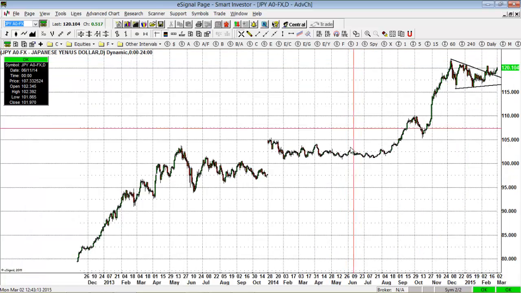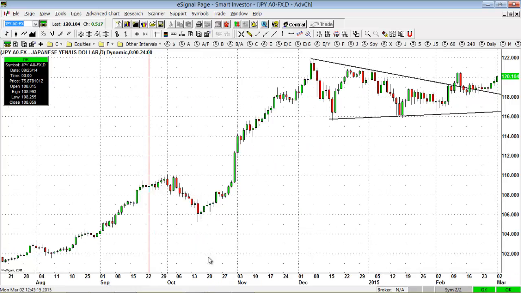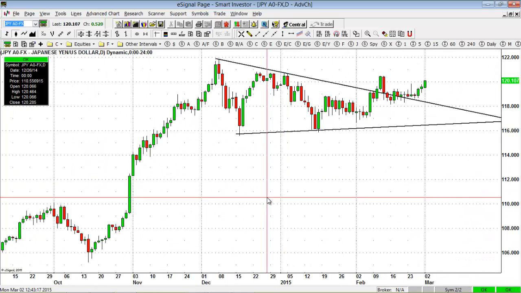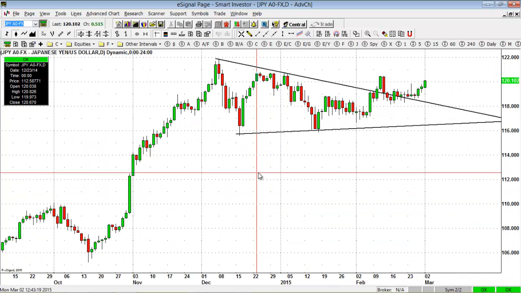Now let's just take a look at the Japanese yen. And in previous updates, we have spoken about the fact that the market was breaking out of this particular consolidation pattern. What happened was the market broke out, came back down, tested this downtrend line, and is now on the way back up.